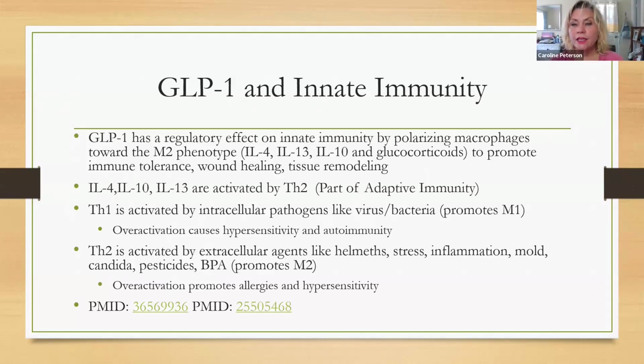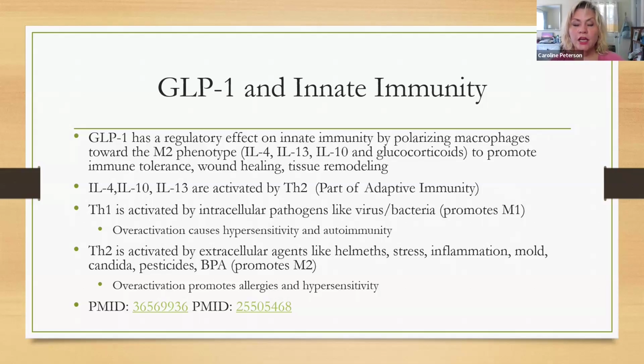GLP1 is part of the innate immunity system in the body. The innate immunity system has macrophages in it, and they are used to phagocytize, or eat up, bacteria and viruses and stuff like that.